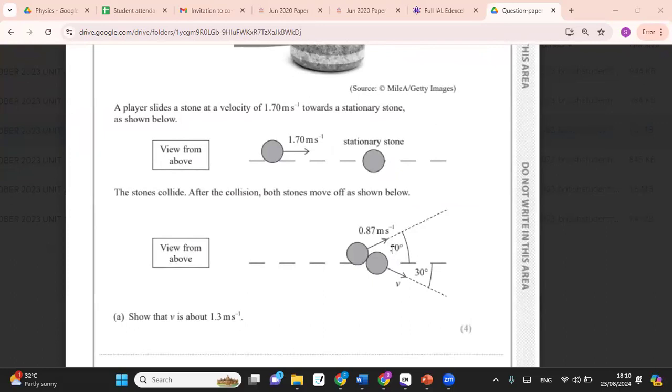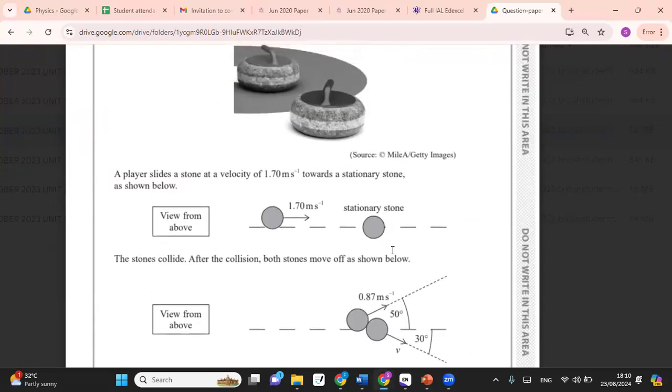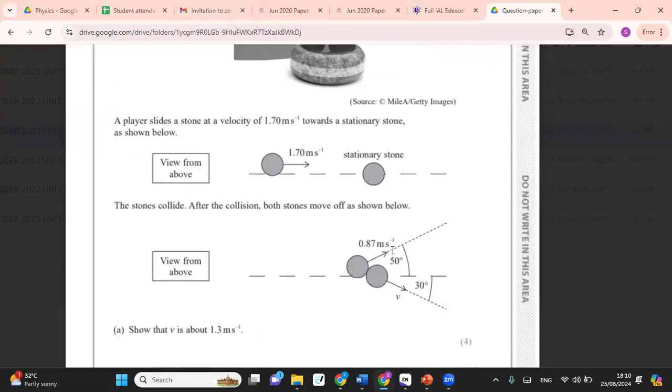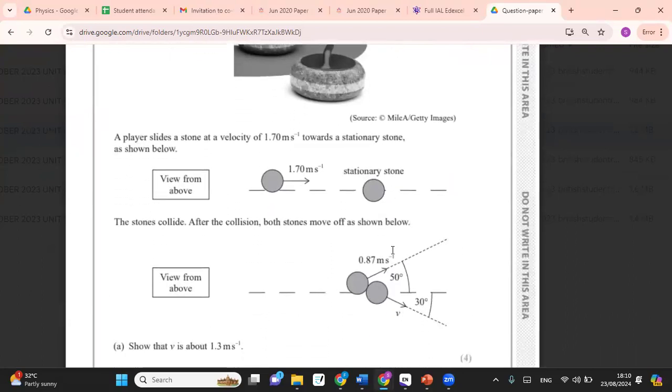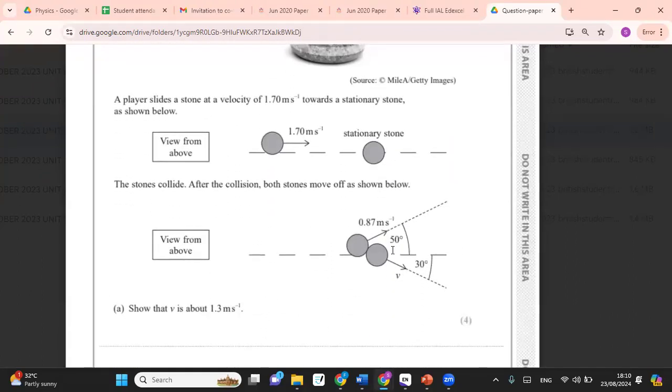For this, we are obviously going to have to use the concept of momentum before the collision and momentum after the collision, right? Figuring out the momentum before the collision is not going to be hard, because the mass is 19.1.